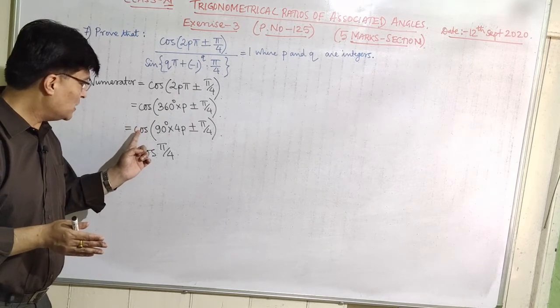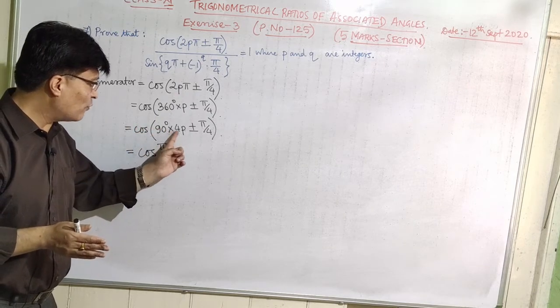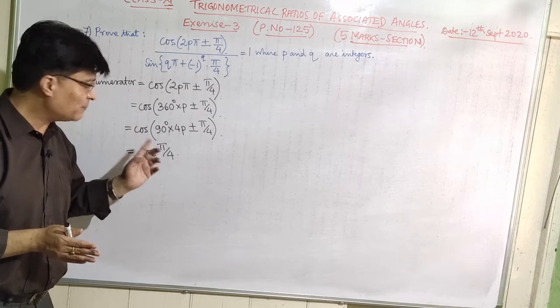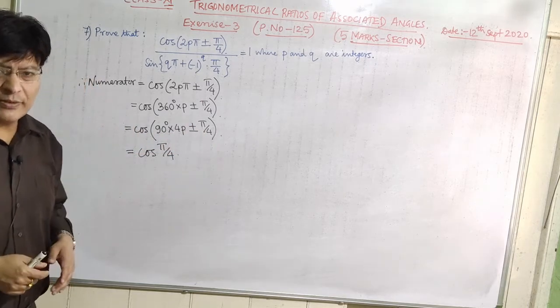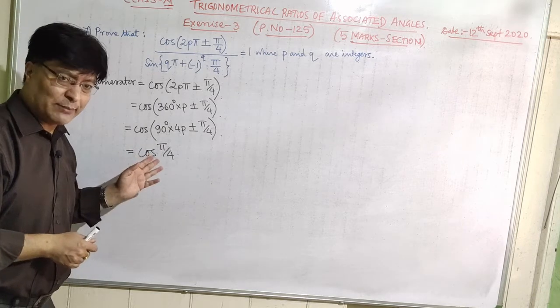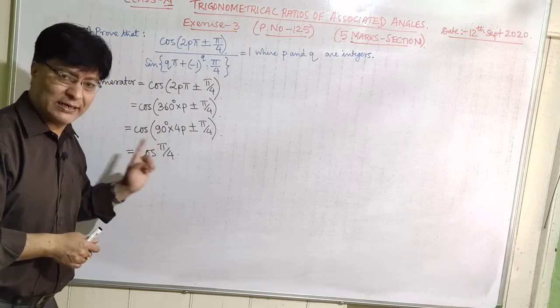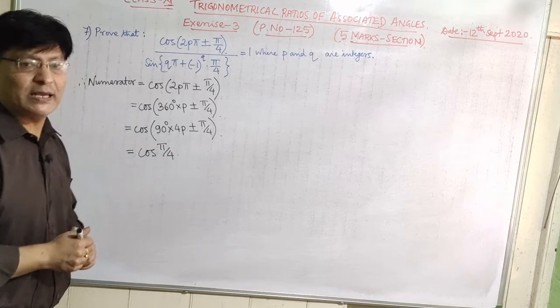So cos of 90 into 4p plus theta is cos theta, and cos of 90 into 4p minus theta is also cos theta. The values are the same for both plus and minus signs, so it will be cos pi by 4.